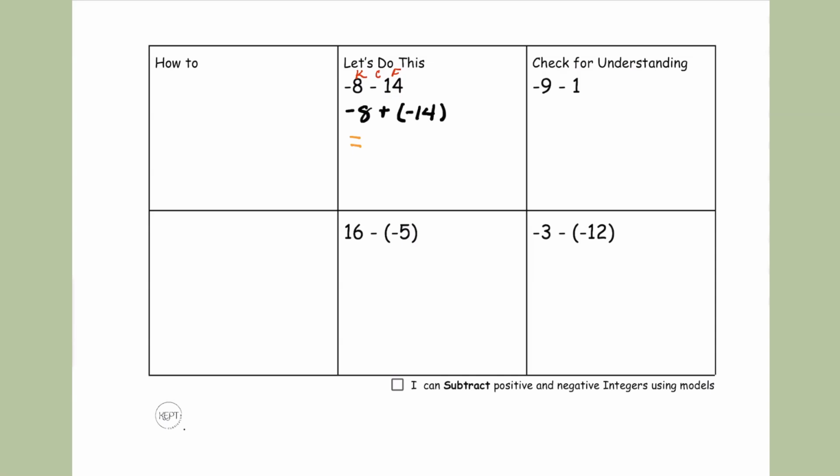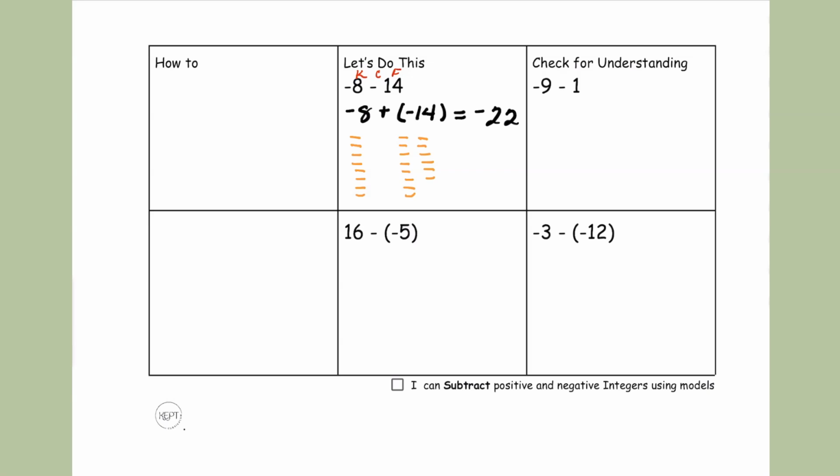Now we can just draw out what we have. Negative 8 means there are 8 negative markers that I need to draw. Negative 14 means there are 14 negative markers that I need to draw. Now when I'm adding a negative and a negative, that just means my answer is going to be more negative. So negative 8 plus negative 14 is negative 22.